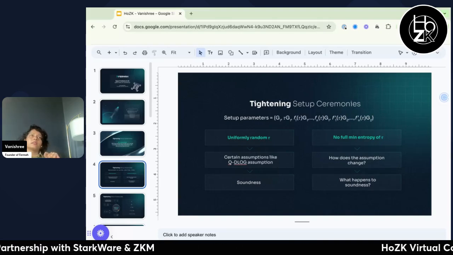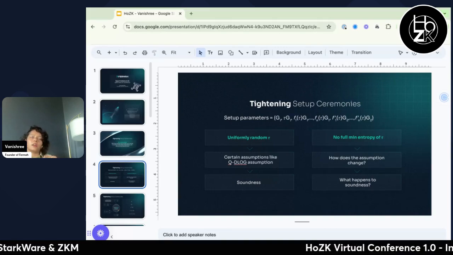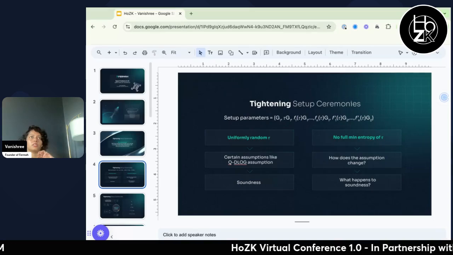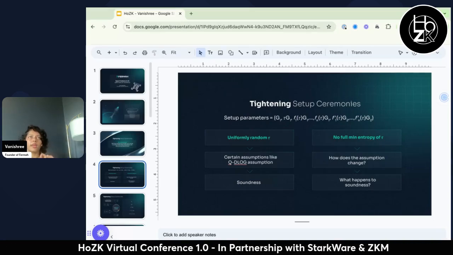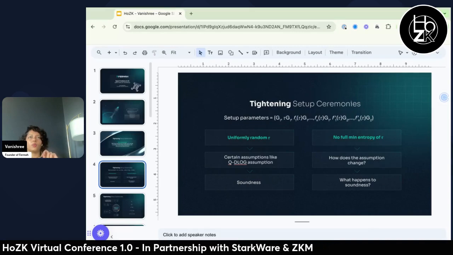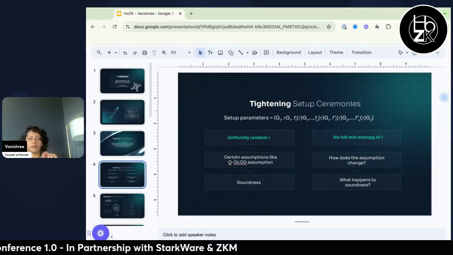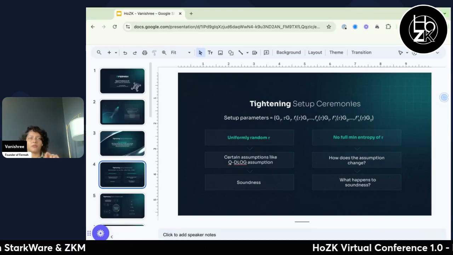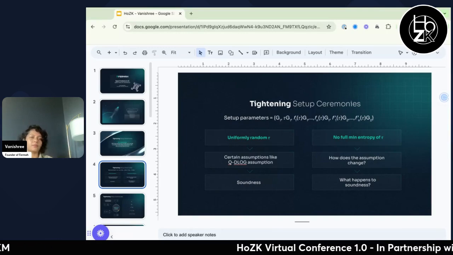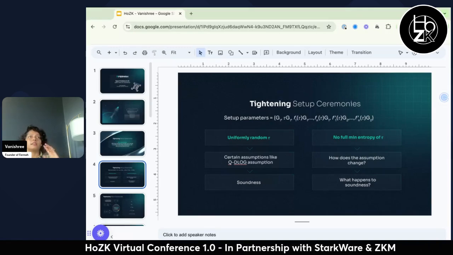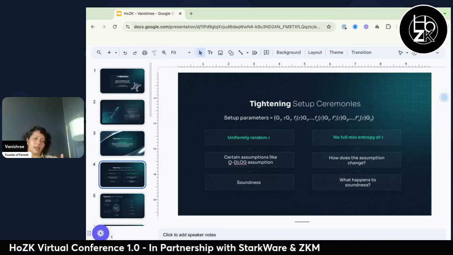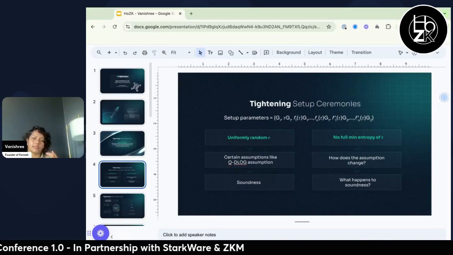To do that, let's consider a proof system which needs trusted setups. When somebody is designing a proof system, the way we bring soundness to the proof system is by actually relying on an assumption, right?